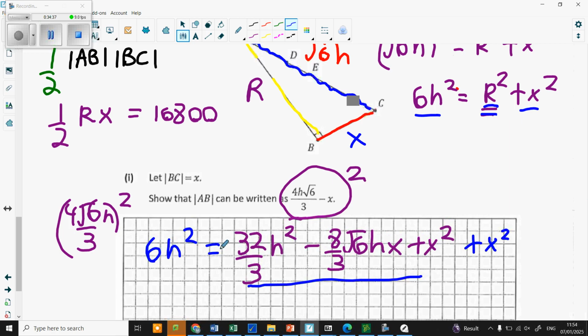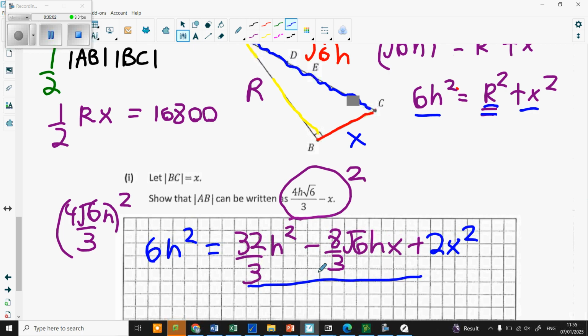I haven't used the area of the triangle formula yet, have I? No. So I'd be inclined, this is worth 10 marks, and I think we're probably on 4 or 6 marks now at this stage. So I'm going to access the half R times X, try and get some more marks on the board.